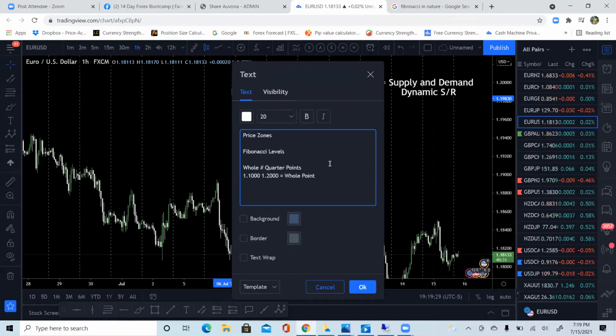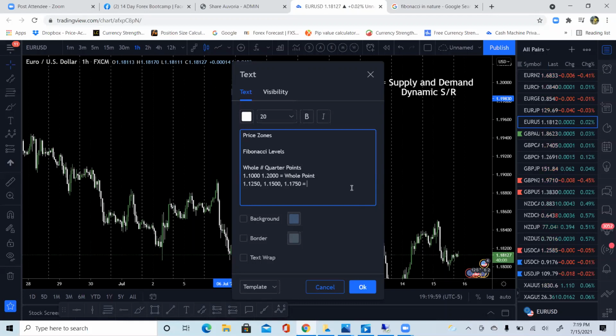So if we take the quarter points between 1.1000 and 1.2000, you would get something like this. So you would have 1.1250. Then you would have 1.1500, and then you would have 1.1750.